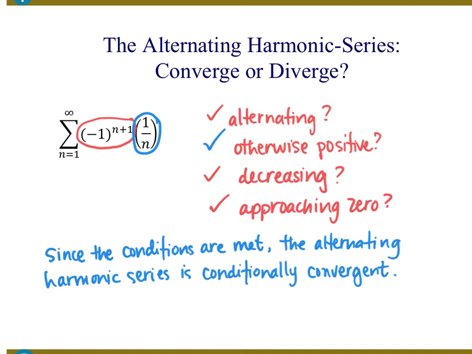The regular harmonic series is divergent. The alternating harmonic series is conditionally convergent, and any other alternating series that meets the same specifications, that meets the same conditions.